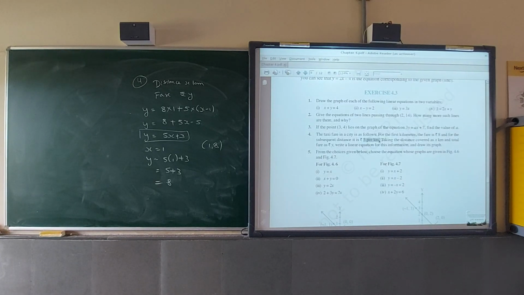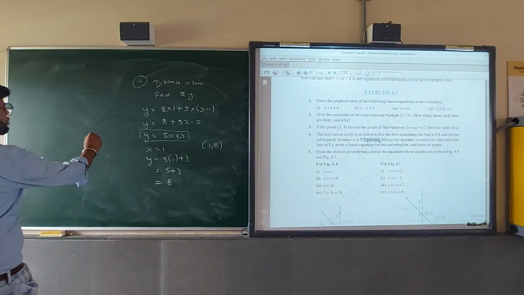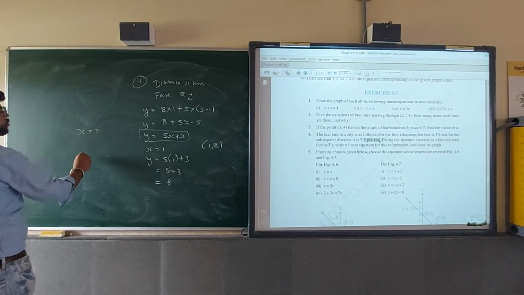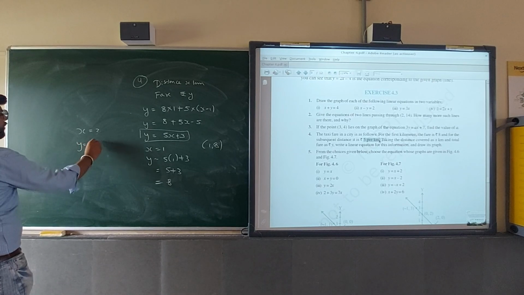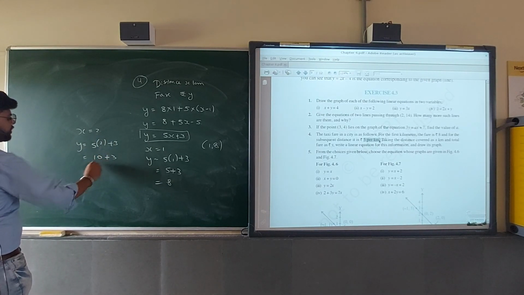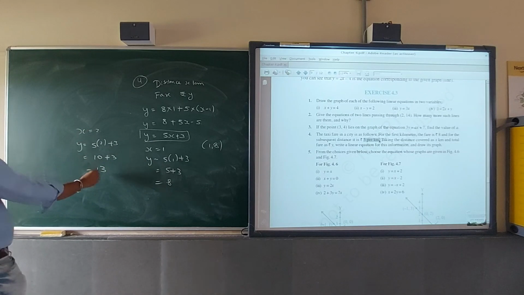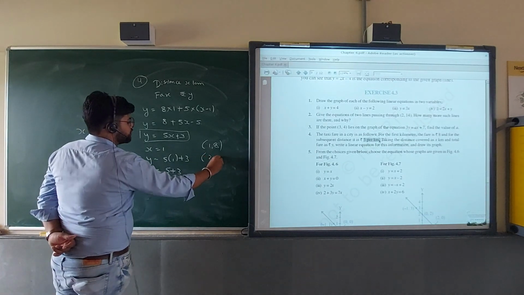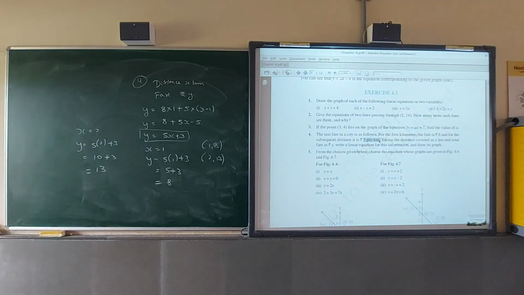Now if I put x equal to 2, then y is equal to 5 into 2 plus 3, then 10 plus 3, it will be 13. The second coordinate is 2 comma 13. So these are the points 1 comma 8 and 2 comma 13 that you can draw in the graph notebook.